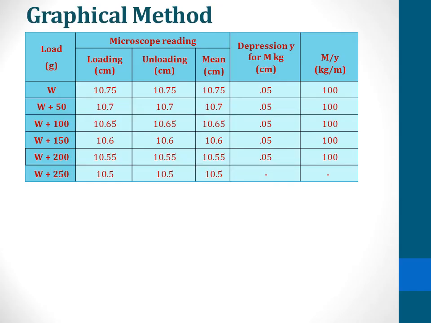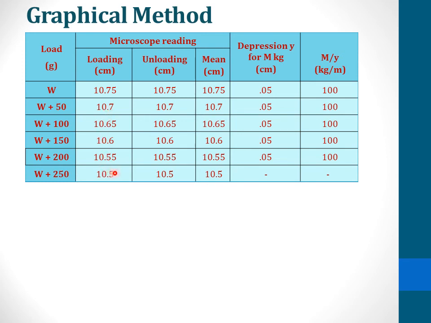Taking the weight hanger as the dead load W, the microscope is adjusted and the tip of the pin is made to coincide with the horizontal cross wire. The reading is noted from the vertical scale of the microscope and is written here in the tabular column. Now, weights are added in steps of 50 grams and the corresponding readings are noted in the loading column of the tabular column.